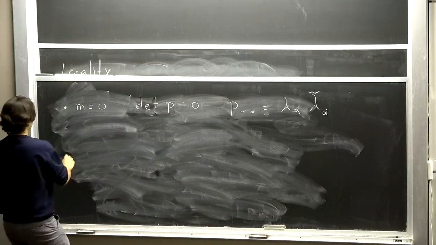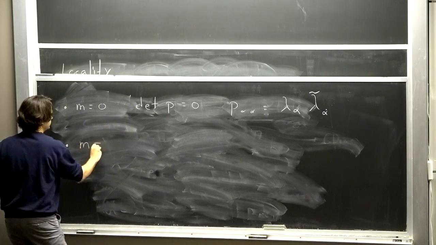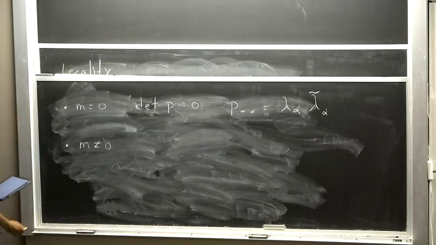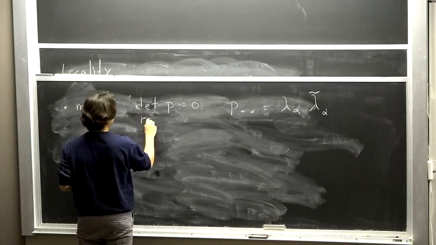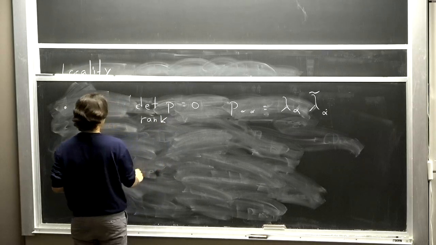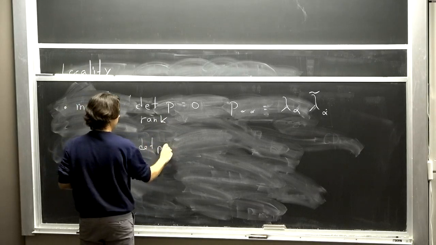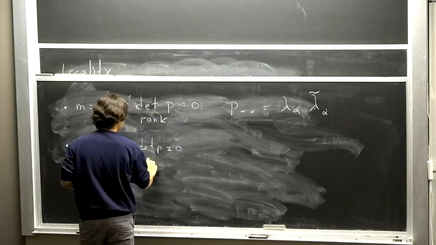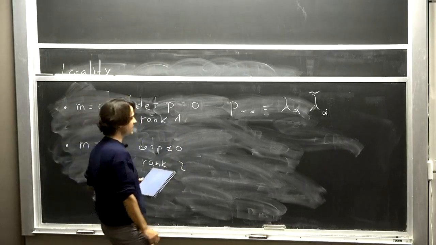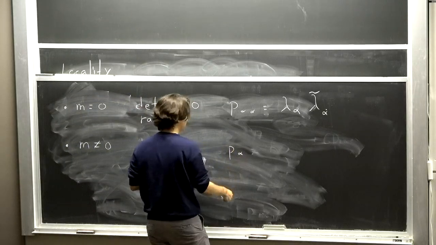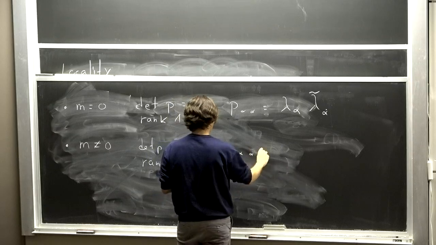Okay, what about when m is not 0? Here we had rank 1. Here we have that the determinant of P is not 0, which means it has full rank. The best I can do is write it as a product of two vectors.